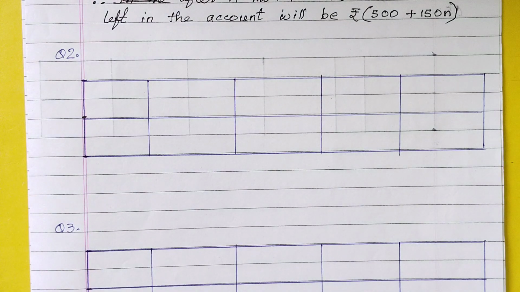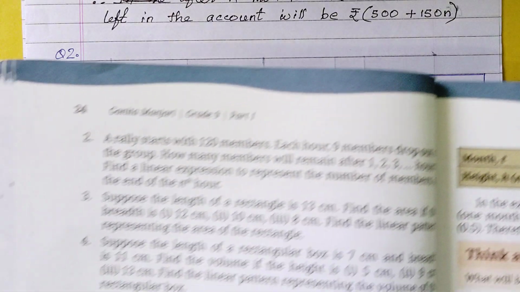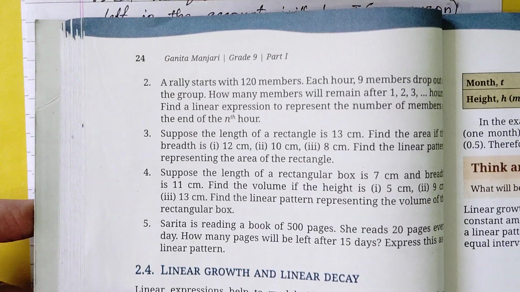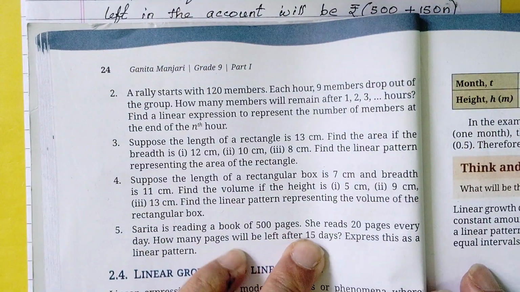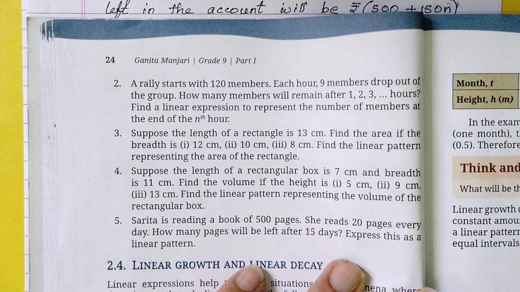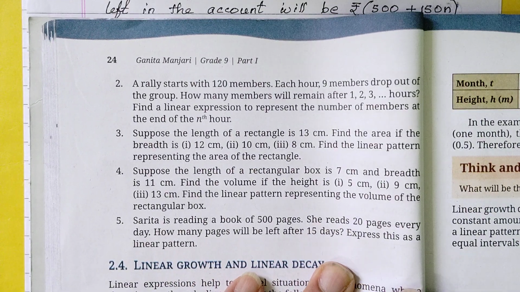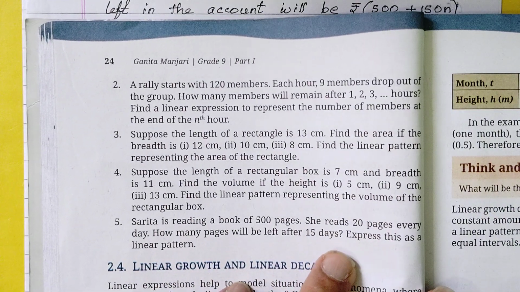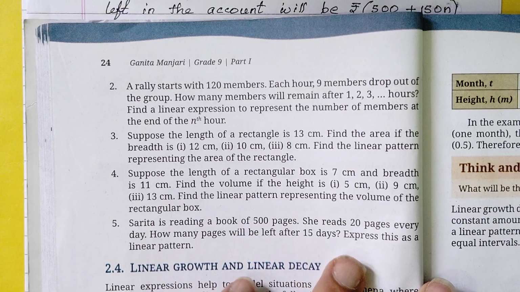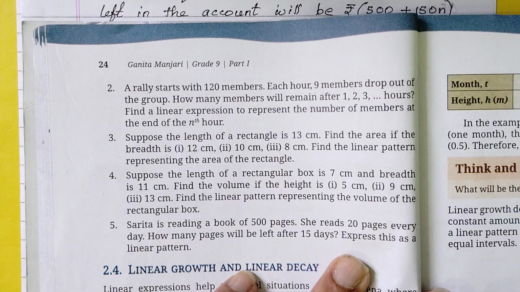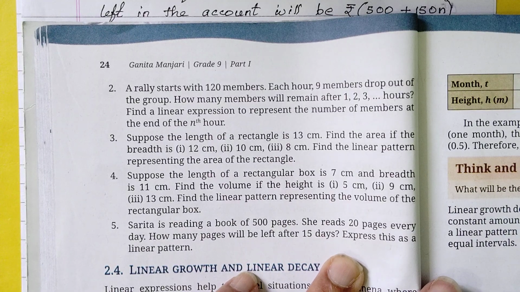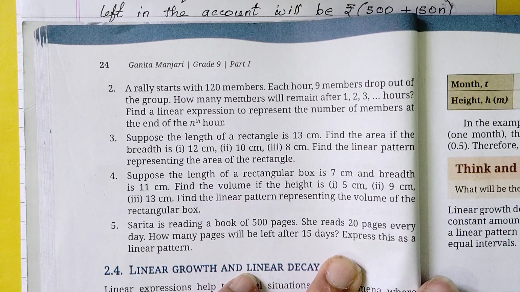The second sum says, a rally starts with 120 members. Each hour 9 members drop out of the group. How many members will remain after 1, 2, 3 hours?